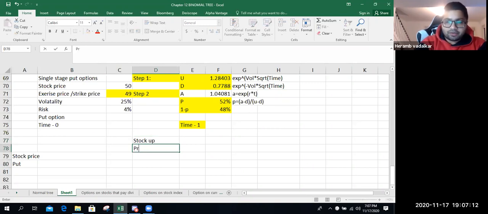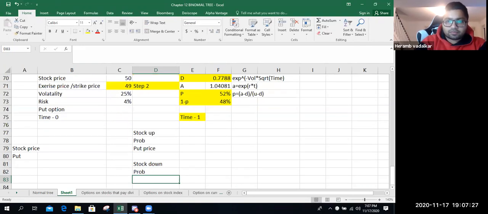There is a probability of going up and there is a put price. Stock can go down. There is probability of going down and there is a put price.